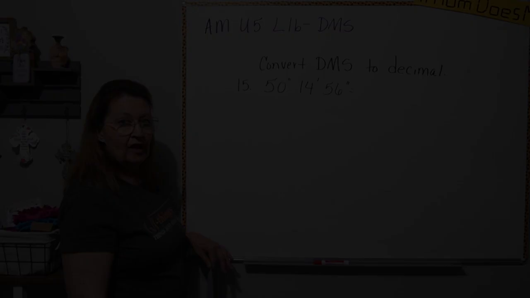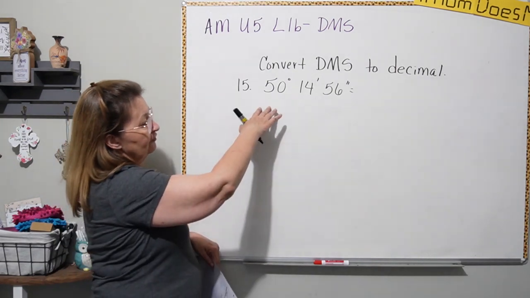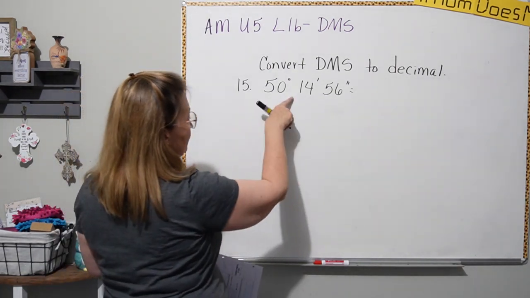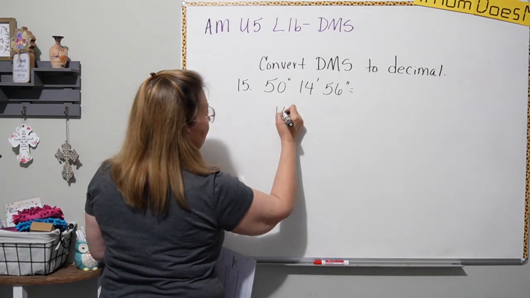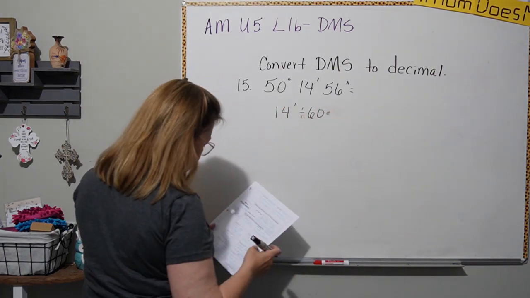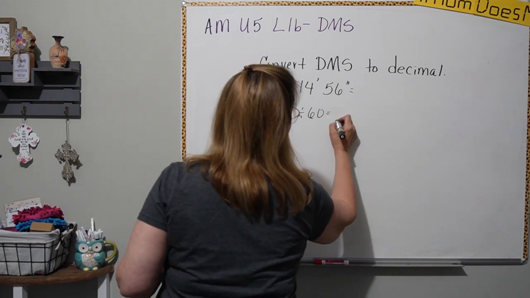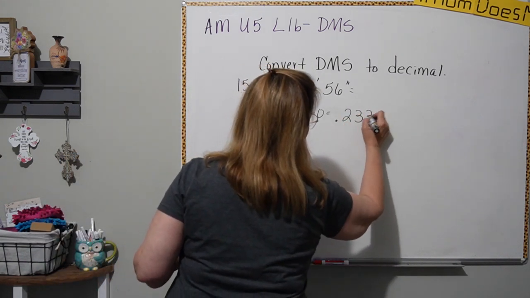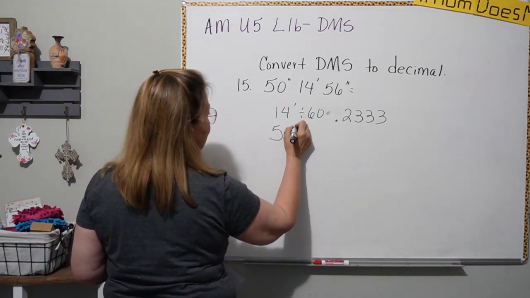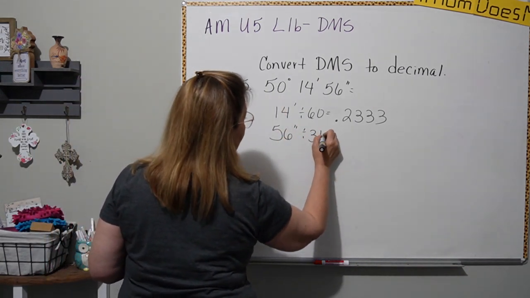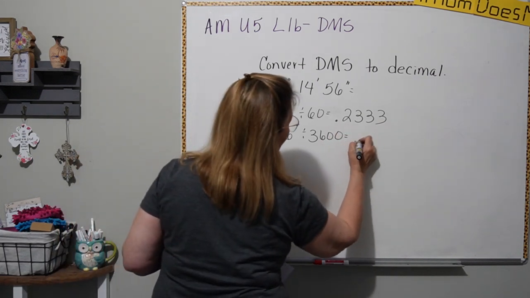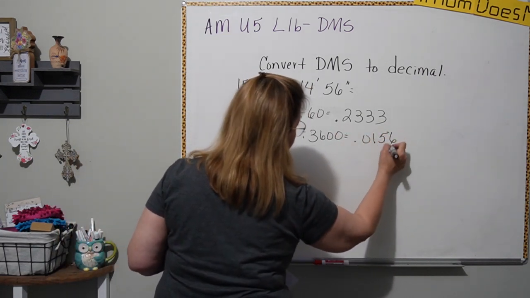For number 15, we're going to take 50 degrees, 14 minutes, 56 seconds, and convert that to decimal. We're not touching the 50. We're going to take 14 minutes and we're going to divide that by 60. So when you do 14 divided by 60, you're going to get 0.2333. Then we're going to take the 56 seconds and we're going to divide that by the 3600, and that is going to get us 0.0156.